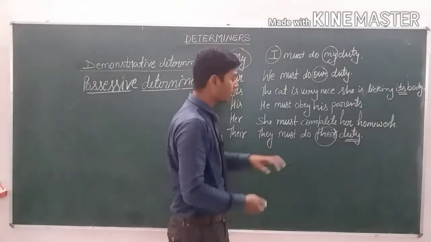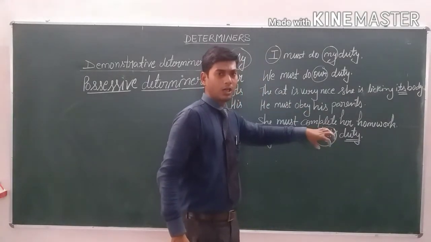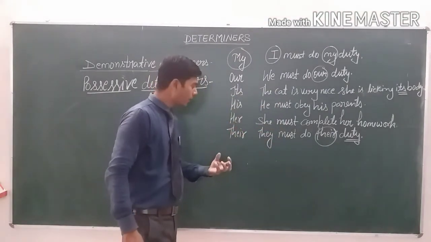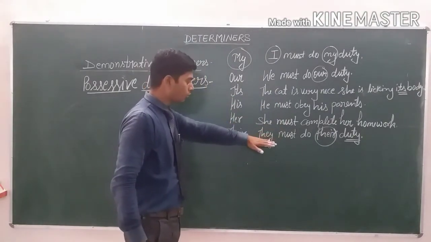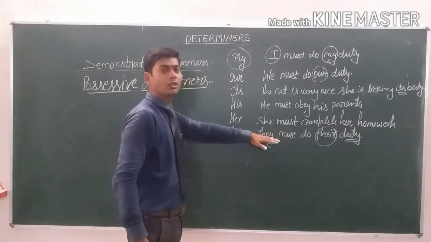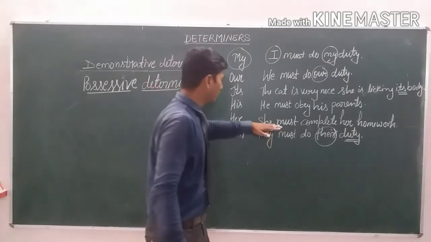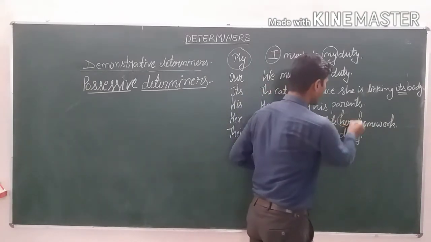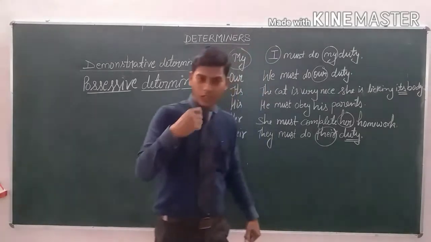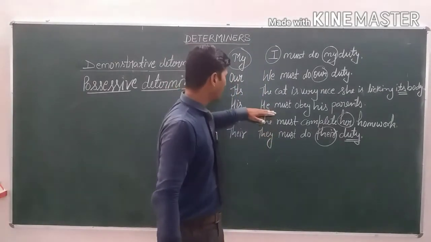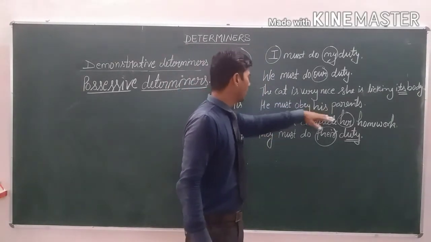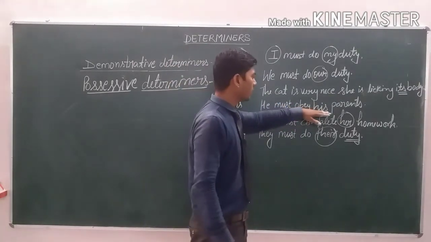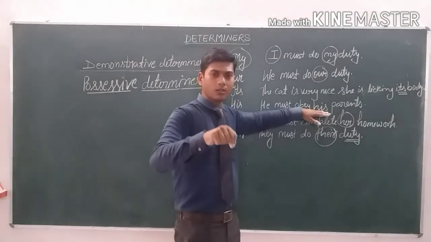And who has to play the role of duty? They. So the word they is the possessor. She must complete her homework. The word her is used here as the possessive determiner. After that, he must obey his parents. It means the word he is the possessor, the subject, and the word his is used as a possessive determiner.